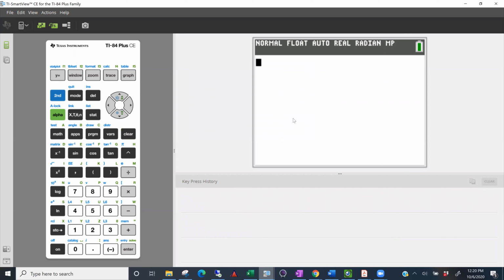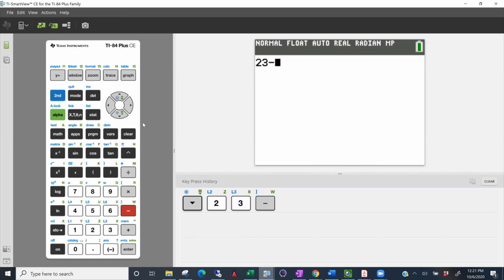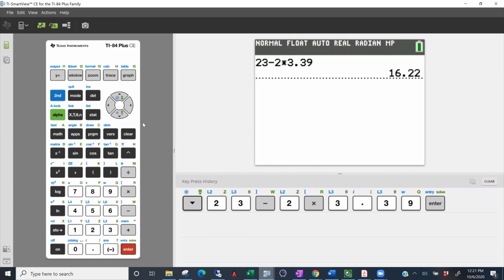Okay, so mu was 23. So 23 minus 2 times 3.39. So I get 16.22.